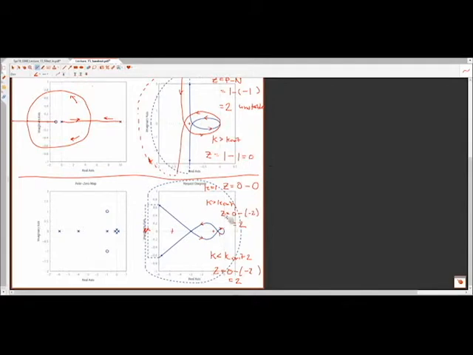So if we look at this case, it's easier for me to move around the point -1 than to expand or contract this, right?